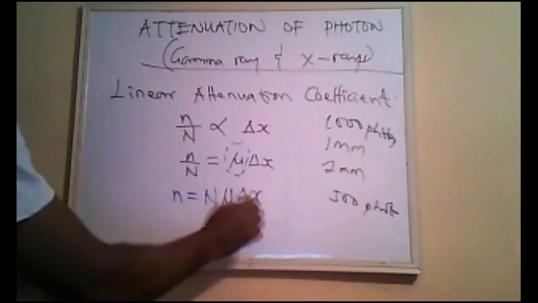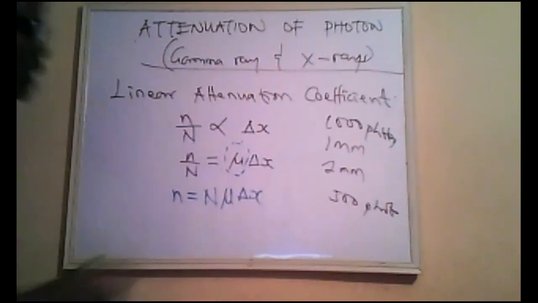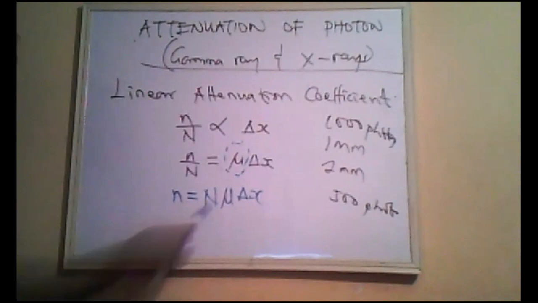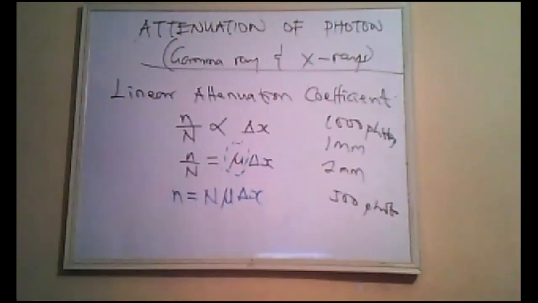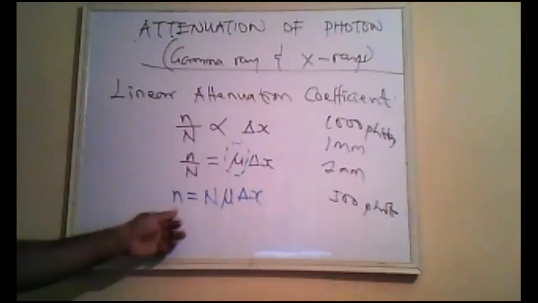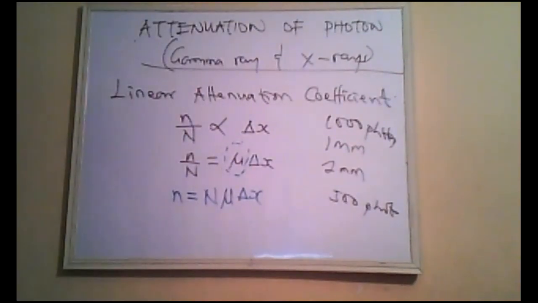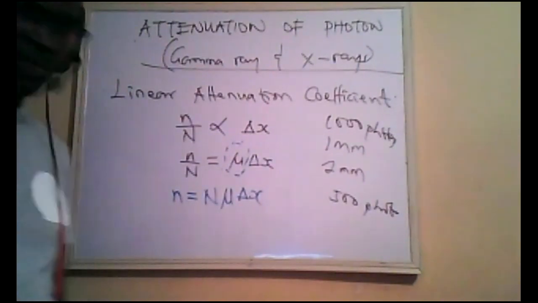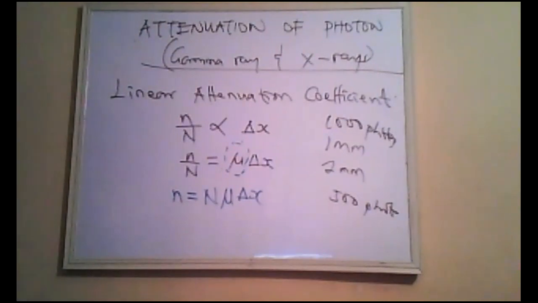This is the thickness of the material involved, this is the linear attenuation coefficient, and this is the initial number of photons, whereas this is the number of photons that have been removed from the X-ray or gamma ray. This is very straightforward.